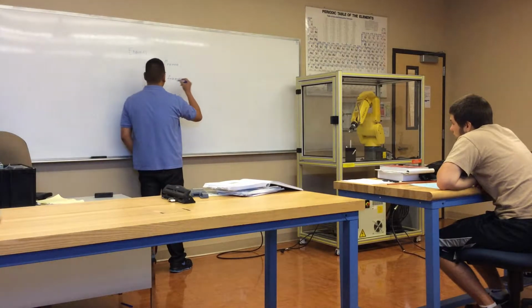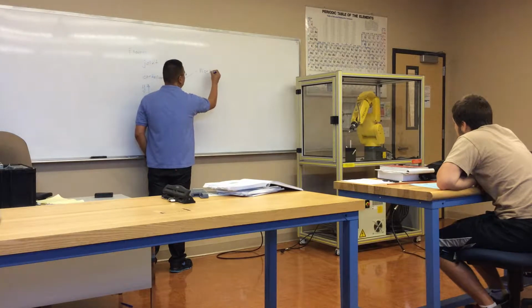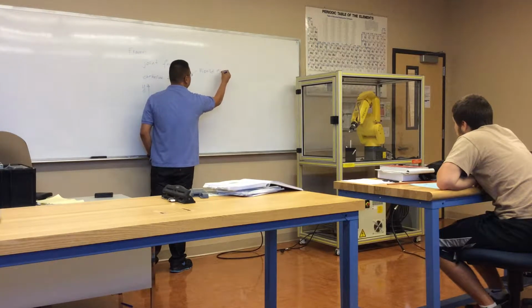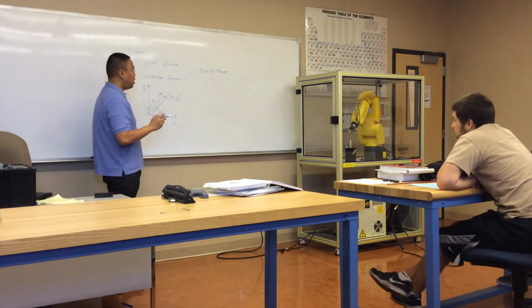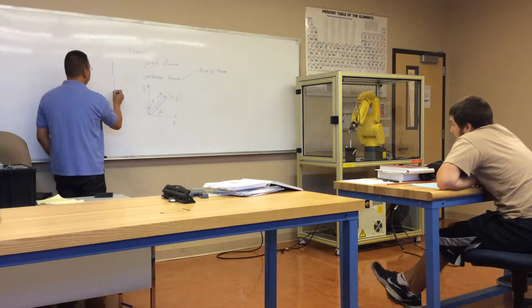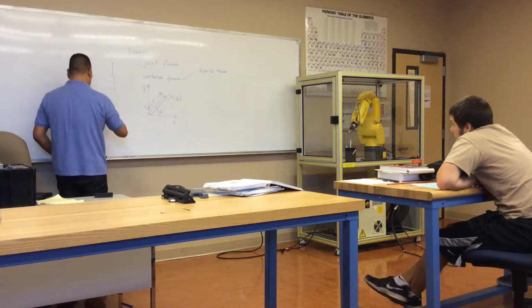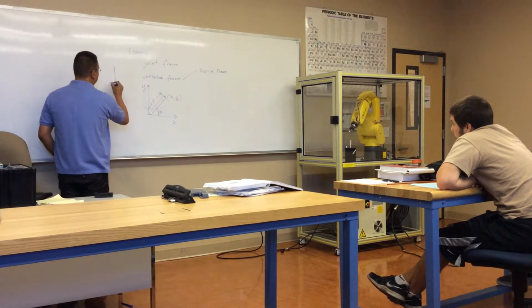Now for the robot here, there are different types of Cartesian frame. One is the world frame, and the world frame is located in the world. So again, we draw the skeleton of the robot.